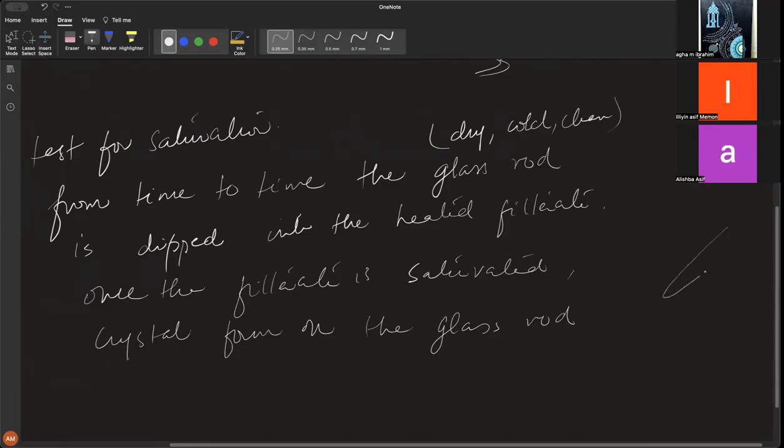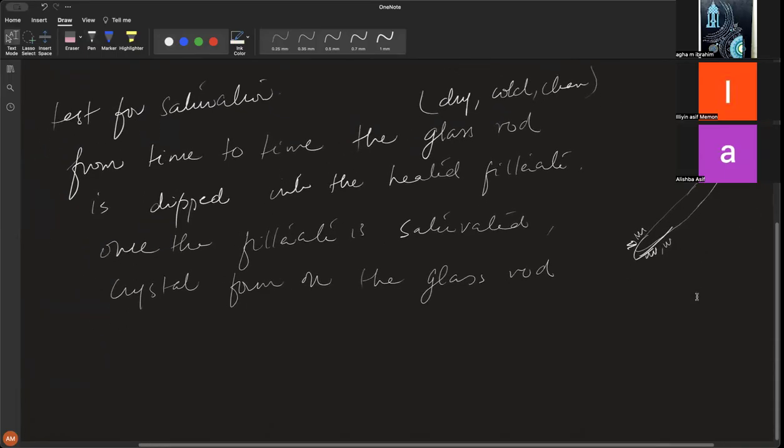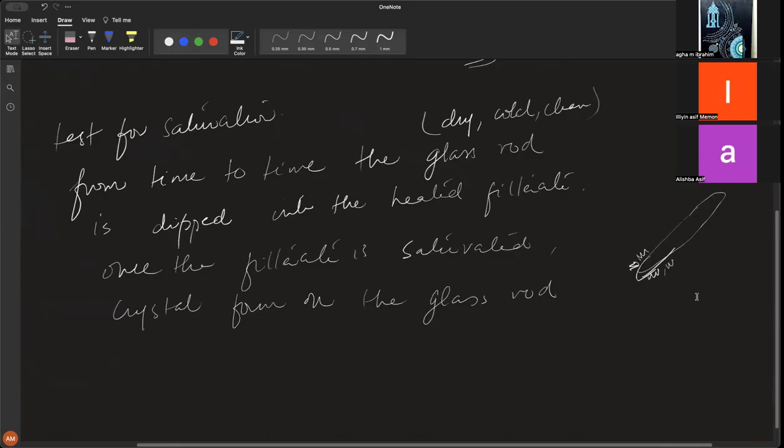This is the glass rod. Once it has been dipped and brought out, you're going to see some crystals forming on it. Why? Because it is cold, so it immediately cools the filtrate down, and when it cools down, the crystals form. You get it?